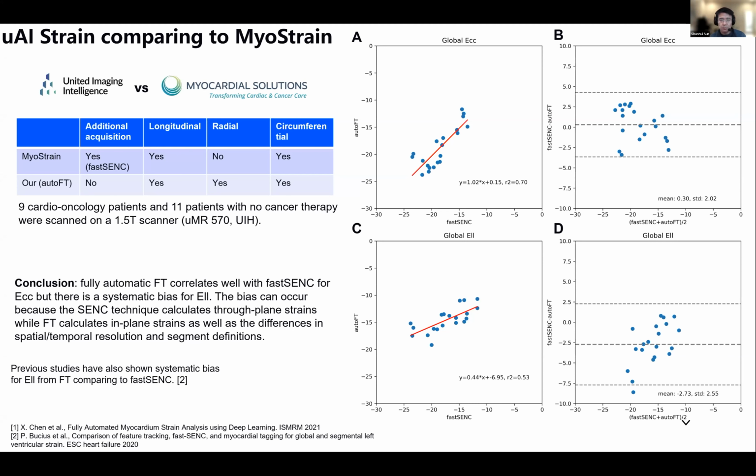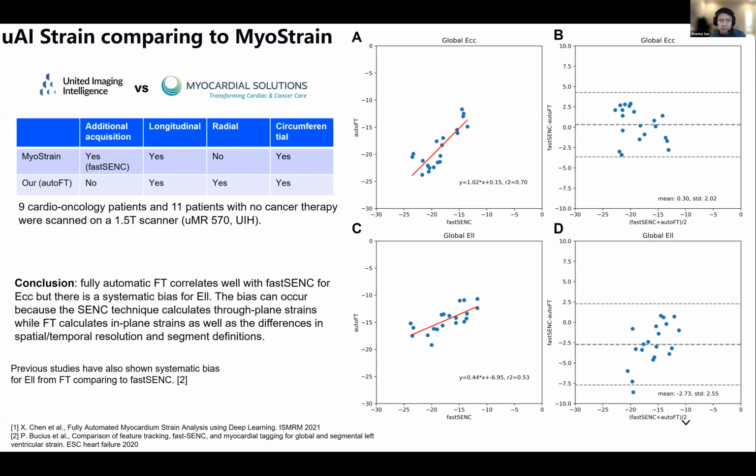Based on the results, we observe that our fully automated solution correlated very well with the FastSync-based method for the circumferential strain, but there is a systematic bias we found in the longitudinal strain.